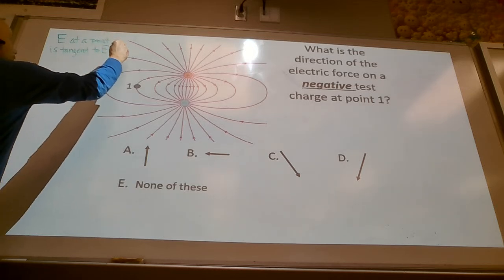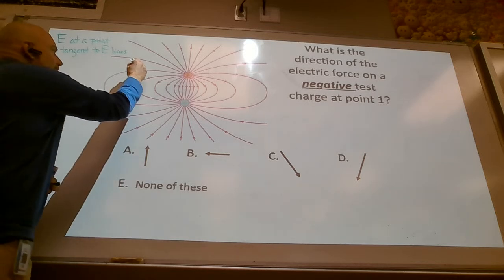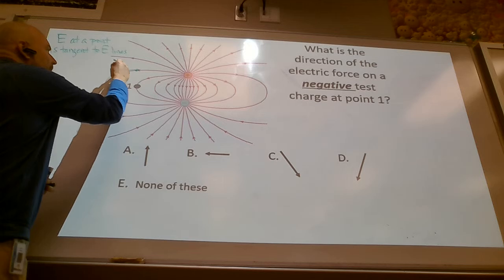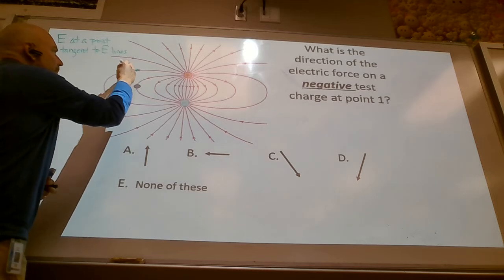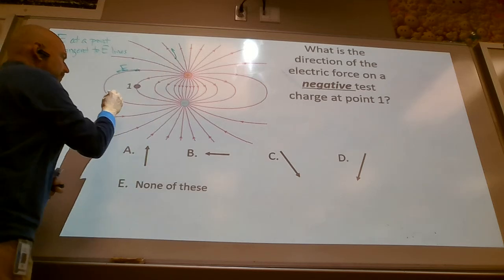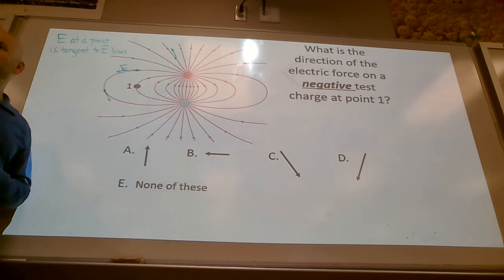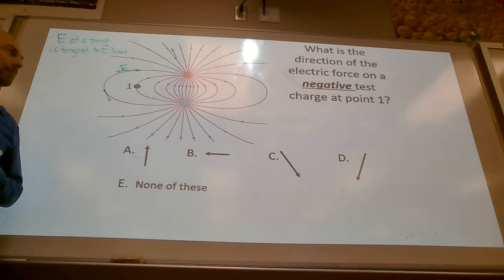I think I threw this out yesterday, right at the end. So at this location, the electric field would be going this way. At this location, it would be going that way. At this location, the electric field would be going that way. Everybody okay with that? The direction of the electric field at a certain point.